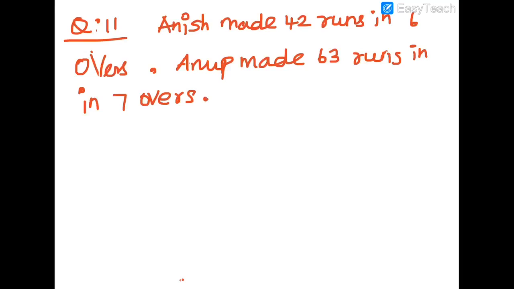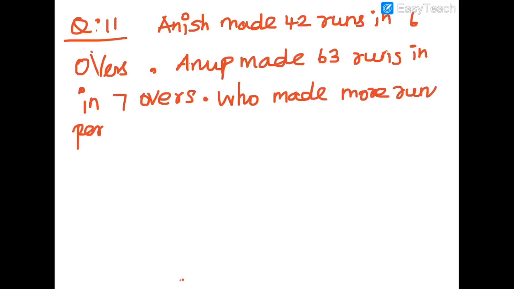Who made more runs per over? Okay, Anish made 42 runs in 6 overs. Anup made 63 runs in 7 overs. So who made more runs per over?